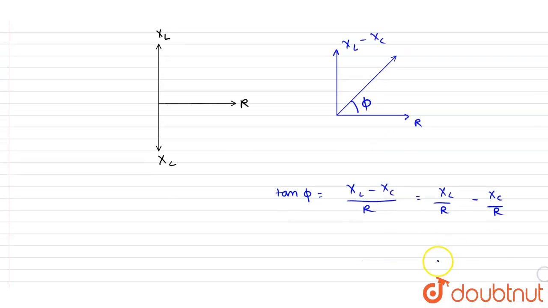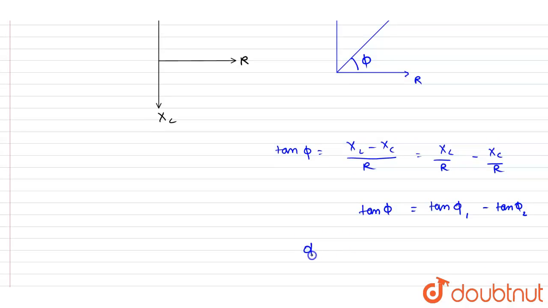XL by R is tan phi 1, XC by R is tan phi 2, and this is equal to tan phi. Take tan inverse, so I will write down phi is equal to tan inverse of tan phi 1 minus tan phi 2. This is the answer of this question, mod of this.